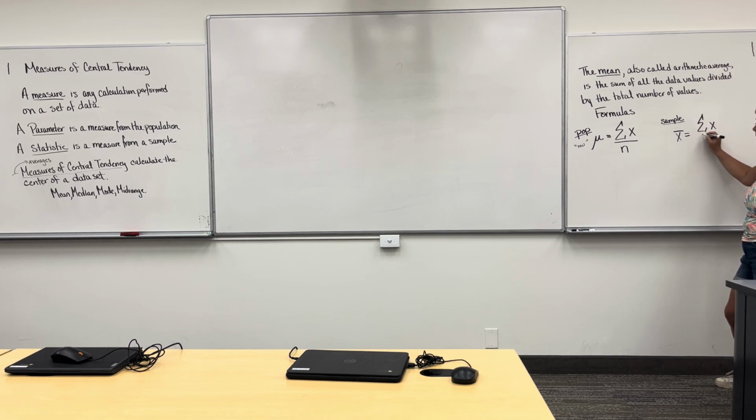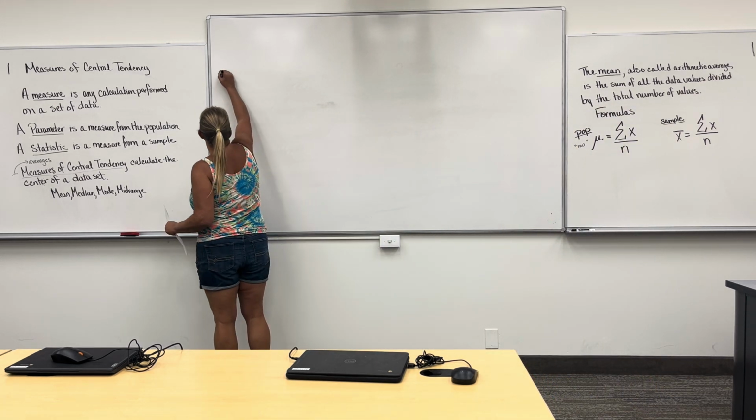It's the sum of all of the x's over n. So the formula doesn't change from one to the other, but the variable does. So if we're dealing with a population, we use mu, and if we're dealing with a sample, we use x bar.